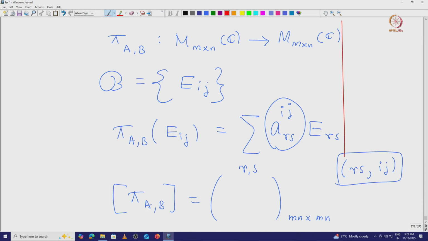To be somewhat more accessible, let us recall how we write down the matrix of T with respect to some basis.